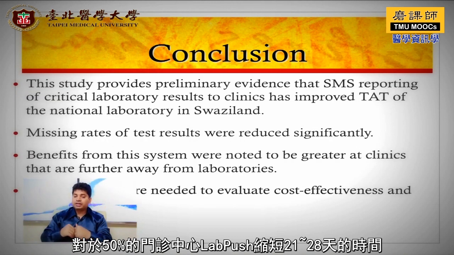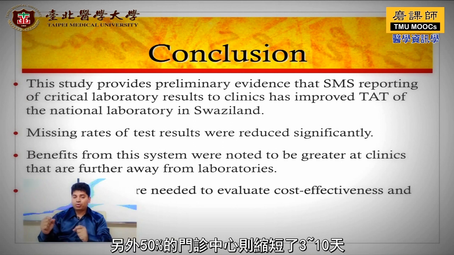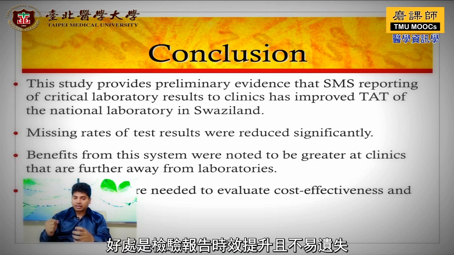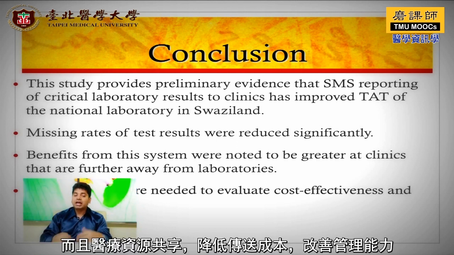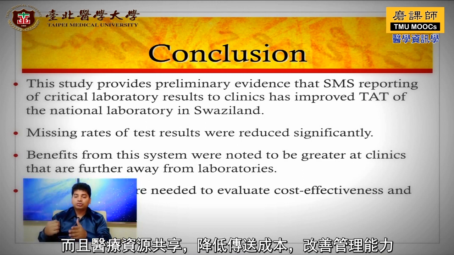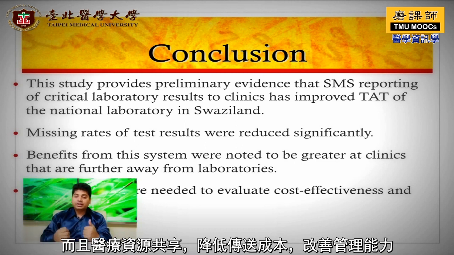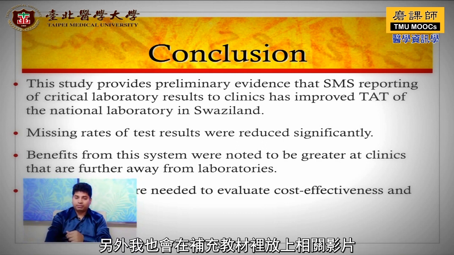And in conclusion, we say this is preliminary evidence that SMS delivery of critical laboratory results to clinics has improved the turnaround time of the lab in Swaziland. Missing rates of tests are reduced significantly. Benefits from this system are noted to be greater for clinics which are far away, and further studies are needed to evaluate cost effectiveness and clinical outcome.